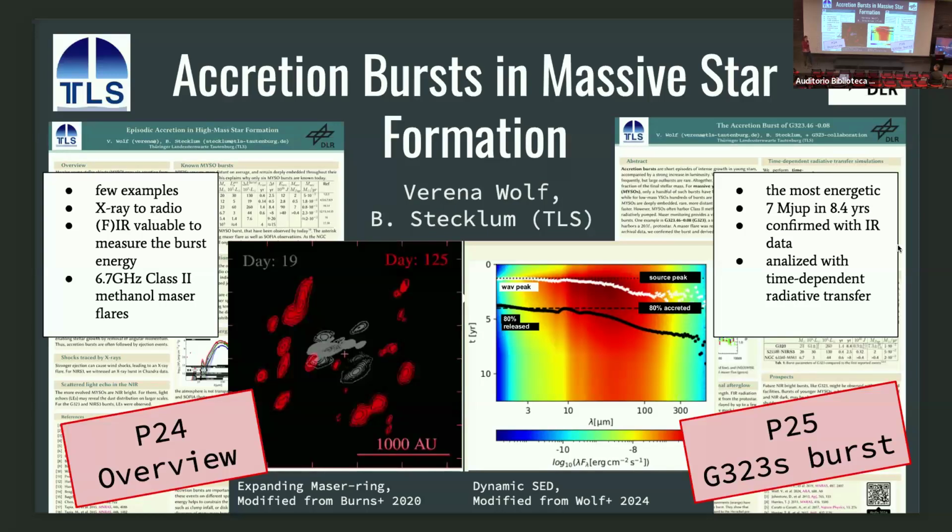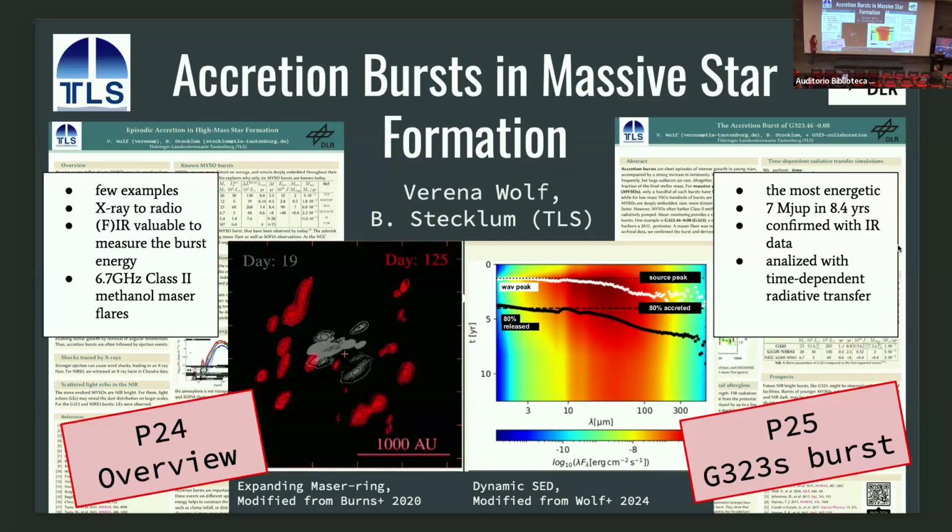There are light echoes, thermal afterglows, ejection bursts, and maser observations. And I want to highlight the thermal afterglow observations in the infrared because this is the emission that comes from the heated dust. And if you want to measure the burst energy, this is the best tracer.